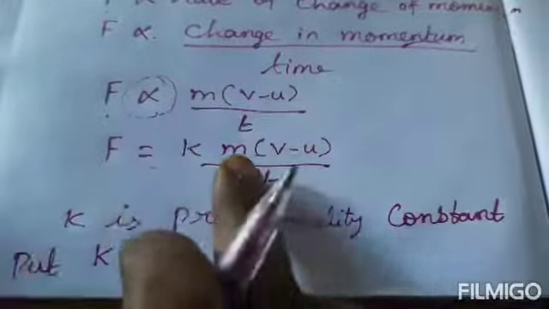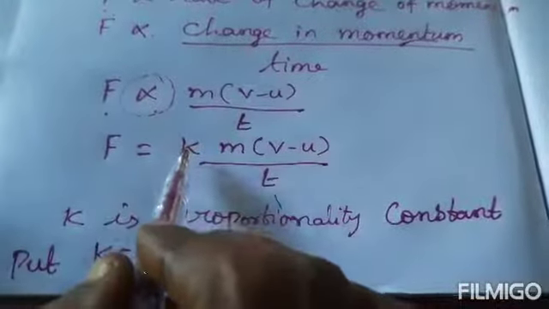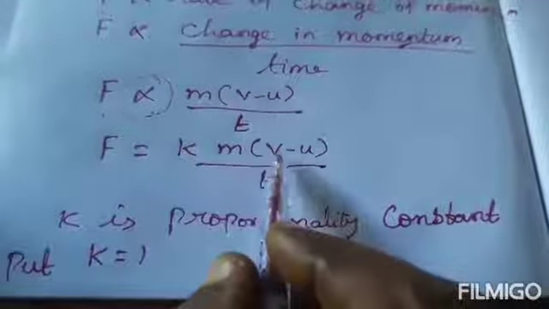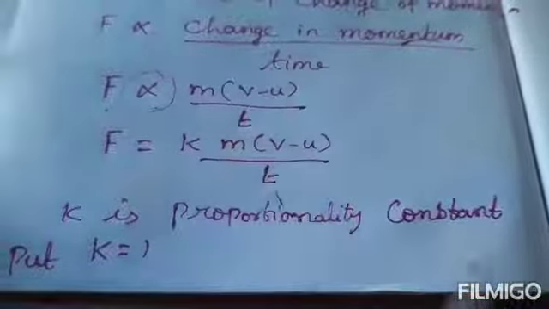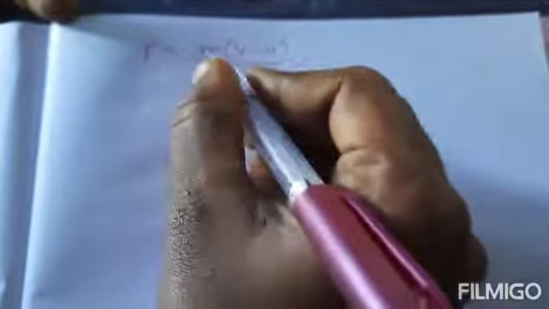F equal to this, instead of k you have to write 1. So F equal to m into v minus u divided by t.